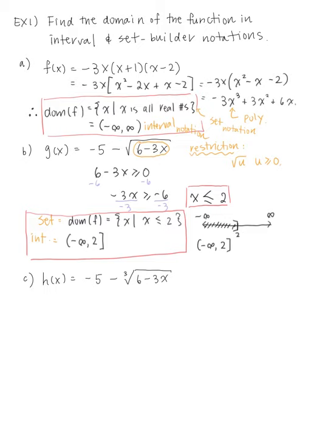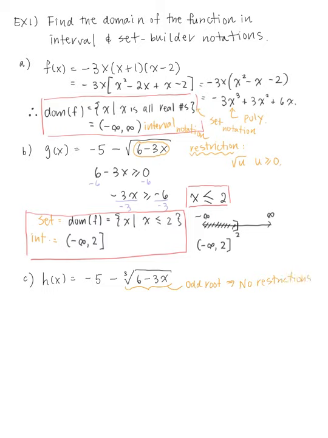Meaning you can plug in any number in place of x, and you should still be able to compute the cube root of that number. So in this case, there are no restrictions. So an odd root implies no restrictions.